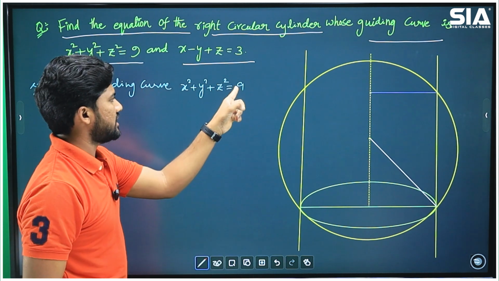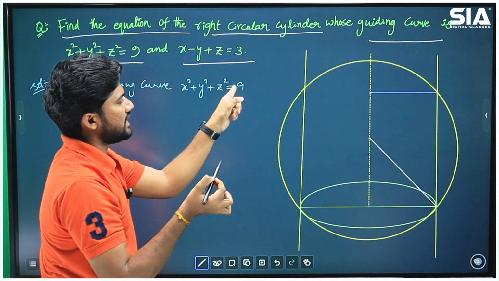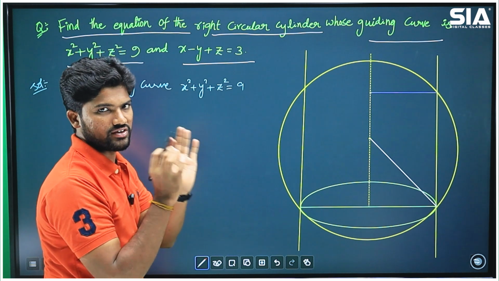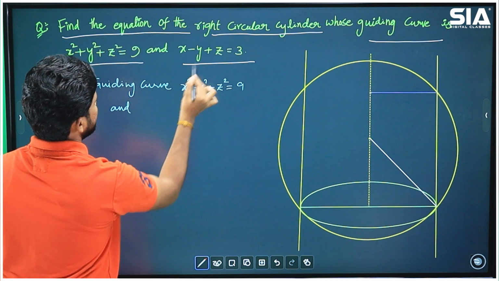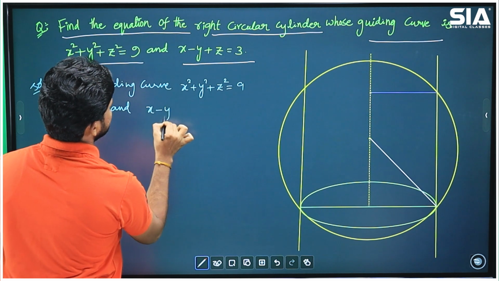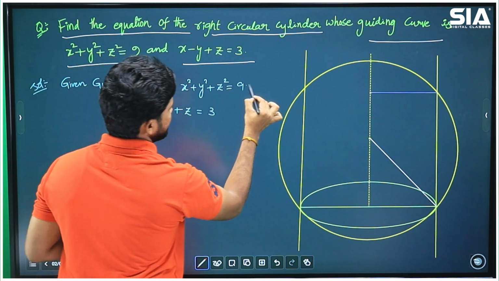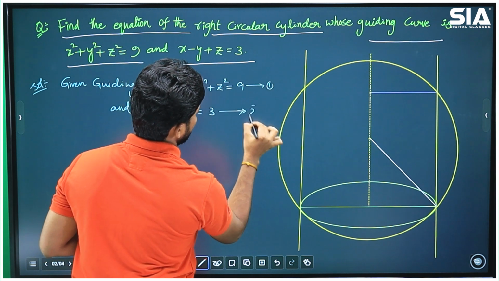Okay, this is exactly a sphere equation, having a radius equal to 3 and center equal to 0 0 0, you know very well. And what is the given plane equation? x minus y plus z is equal to 3. Take it as equation number 1 and take it as equation number 2.